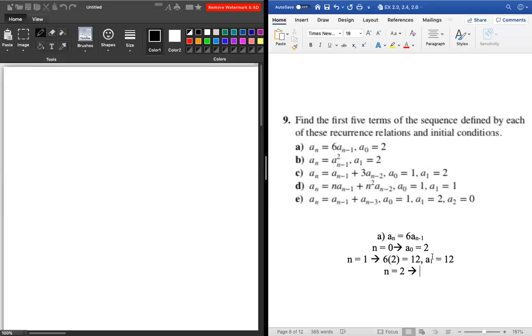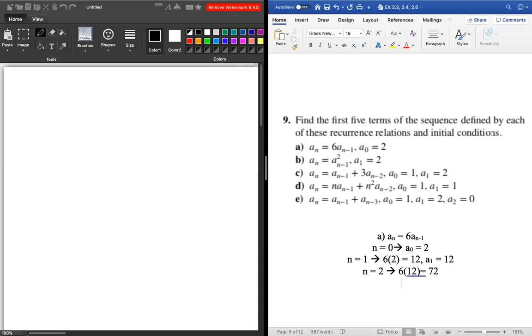Likewise, we will do the same thing. So 6a_{n-1}, and n is 2, so it becomes 2 minus 1, which is 1, so we replace a_1 with 12, so 6 multiplied by 12 equals 72.